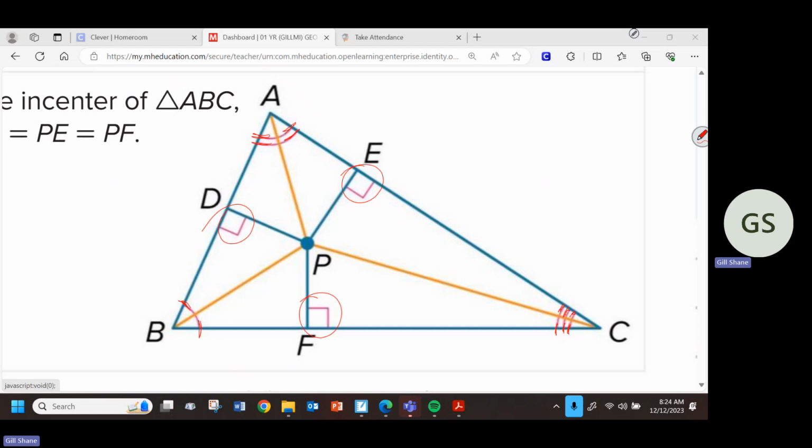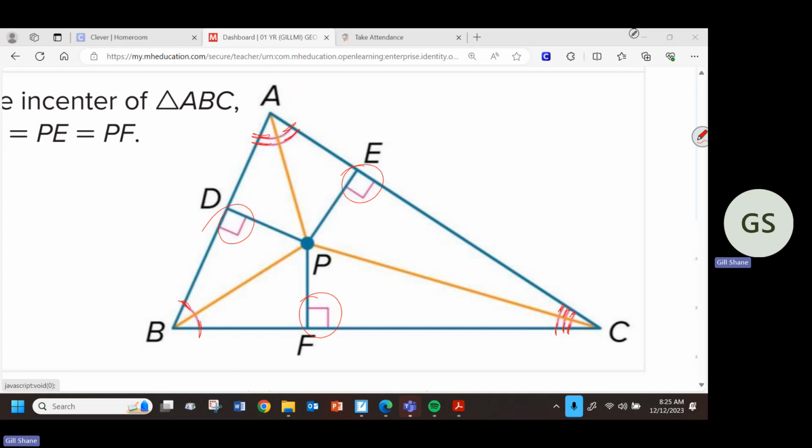So if they give you the congruence marks, you'll know this is created by bisecting angles, not by bisecting the sides. This is not a perpendicular bisector. It's perpendicular, but I'm not bisecting it.